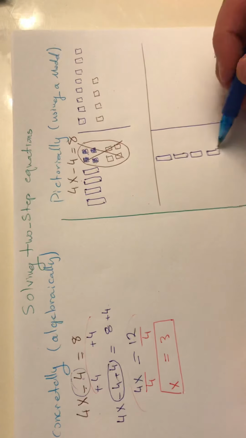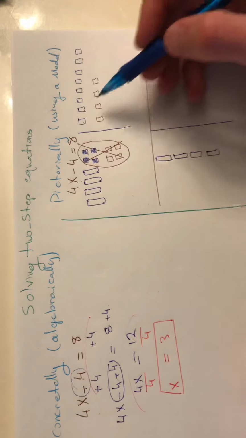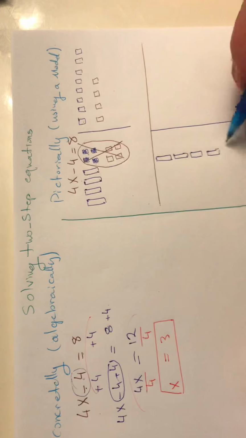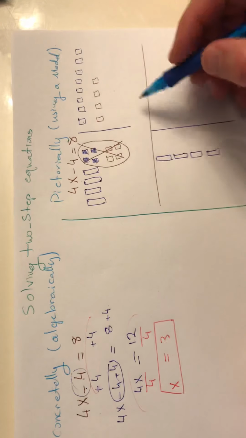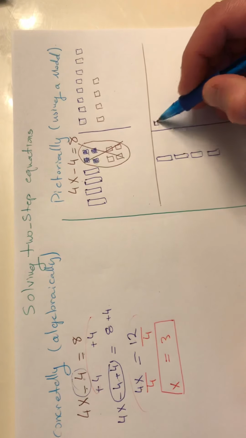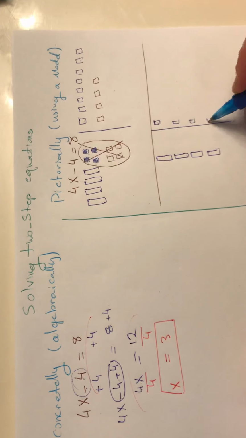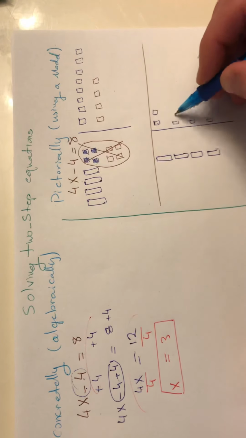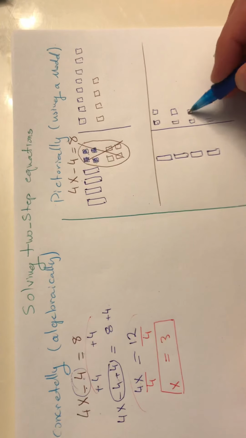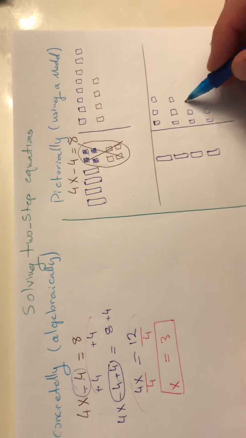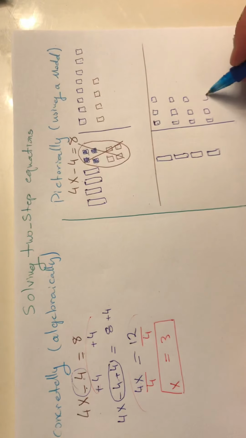So we have 4 x's, we put them vertically, and then we divide the 12 ones amongst these 4. So we're going to have 1, 2, 3, 4, 5, 6, 7, 8, 9, 10, 11, 12.